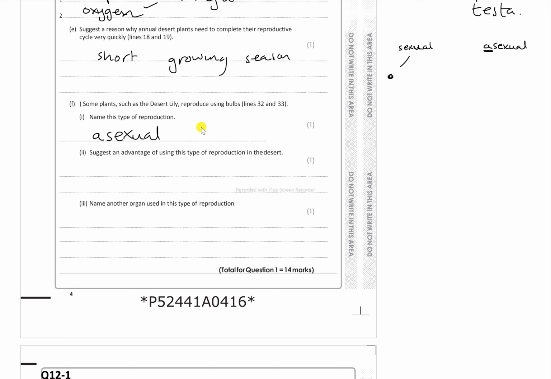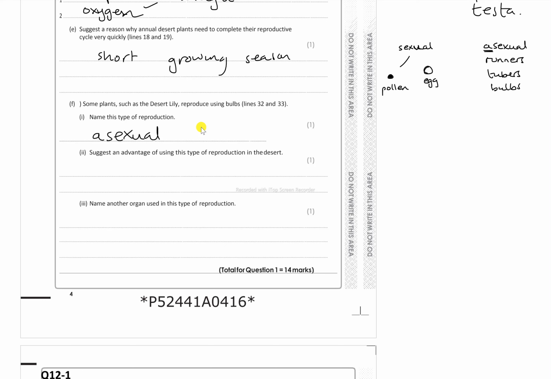Here you need pollen and an egg. Here you just need runners, like in strawberry plants, or tubers, or bulbs. Tubers as in potatoes.